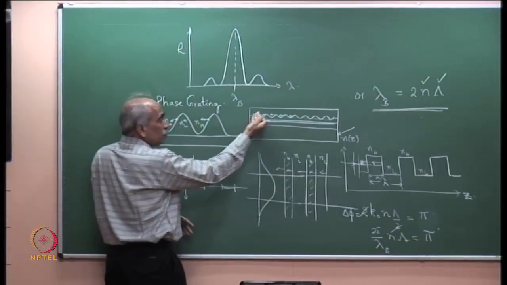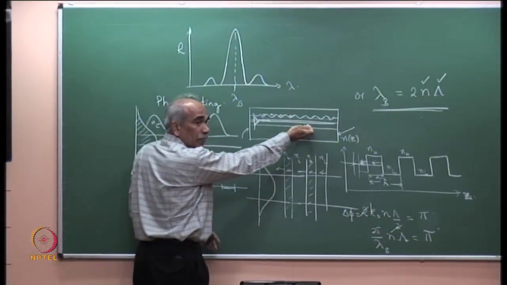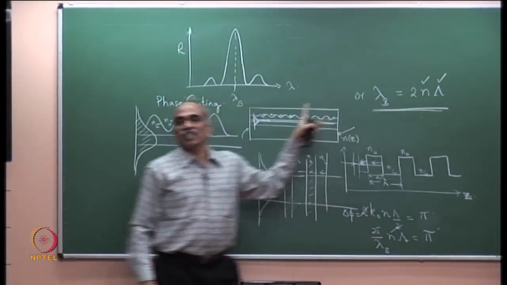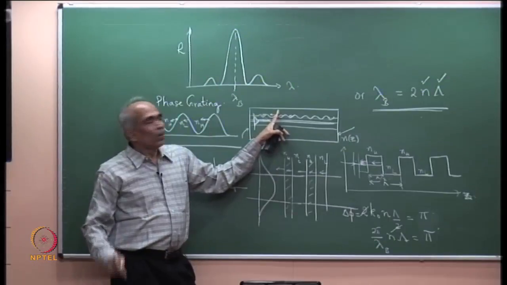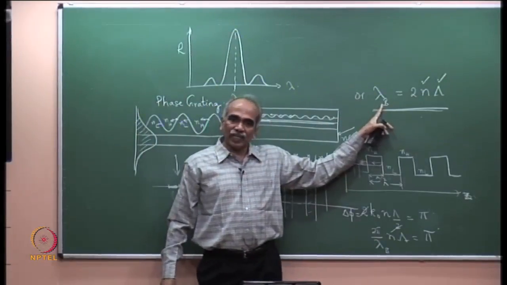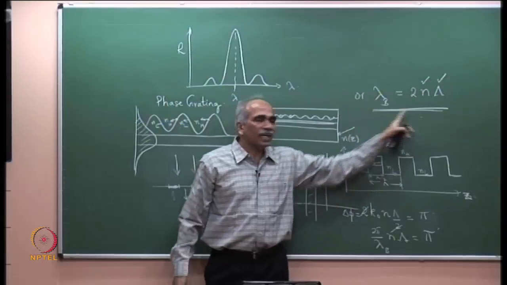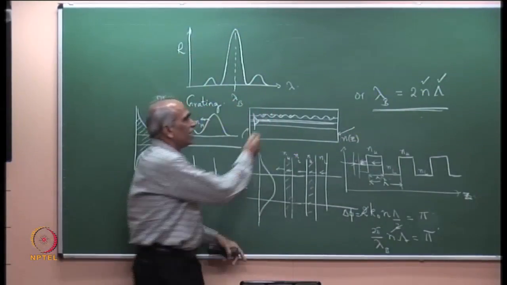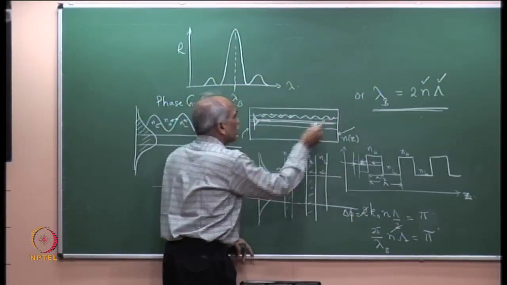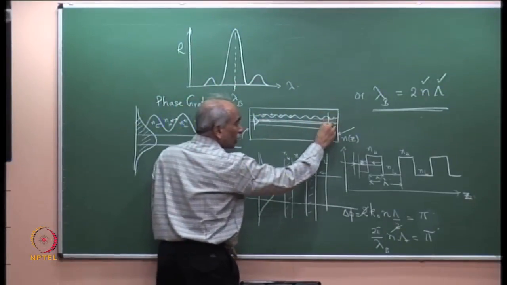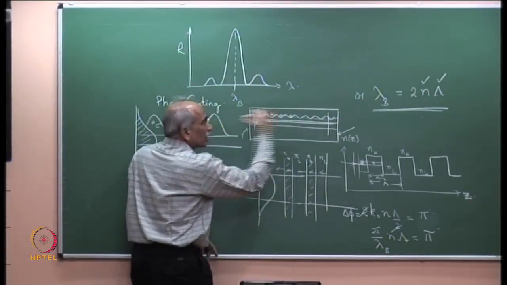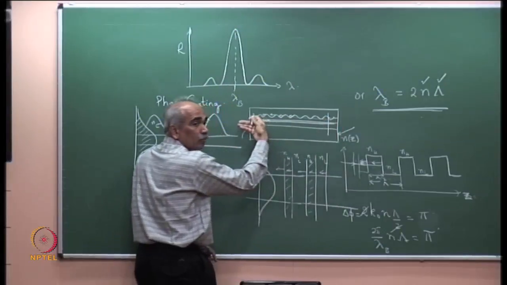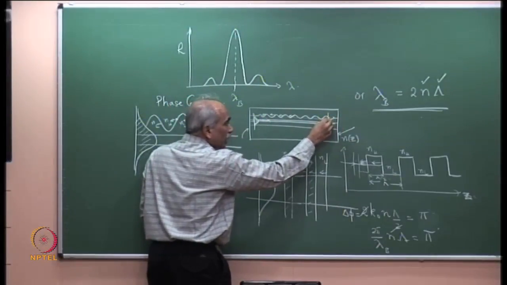But this being a periodic structure, the reflection is wavelength selective, which means only one particular wavelength which satisfies the Bragg condition will get resonantly reflected as the mode goes in this direction. Similarly, when the mode comes back, it is continuously getting reflected, generating the backward propagating mode.